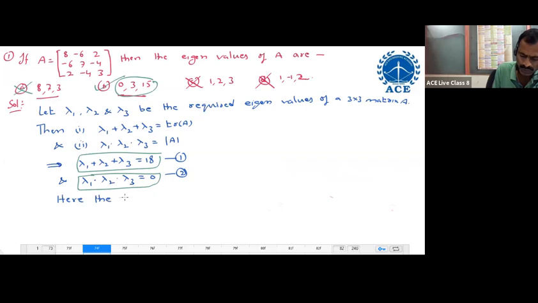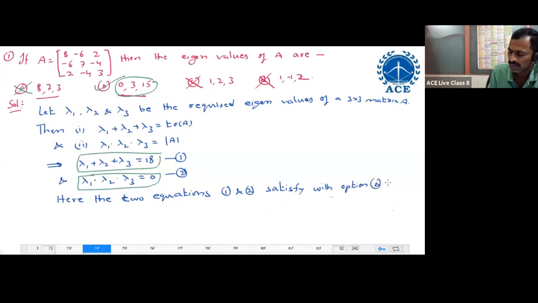Here, the 2 equations (1) and (2) are satisfied with option B only. Therefore, option B is correct.